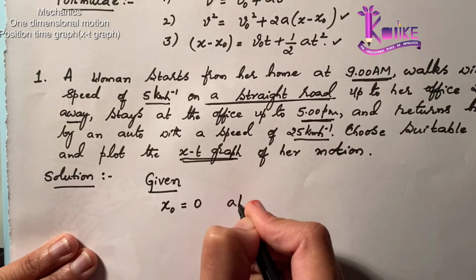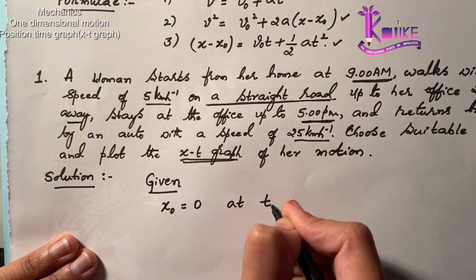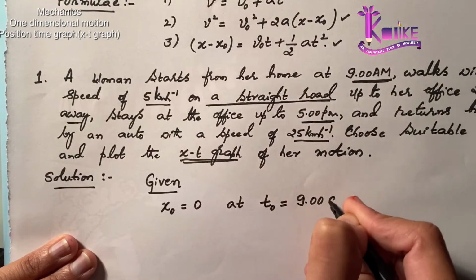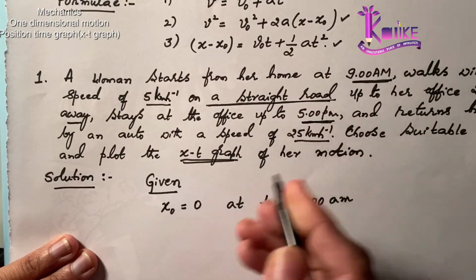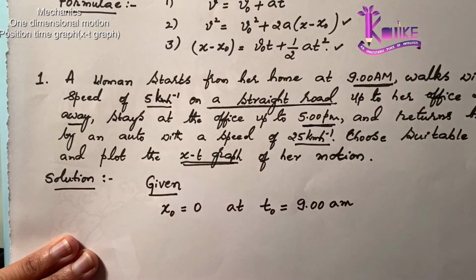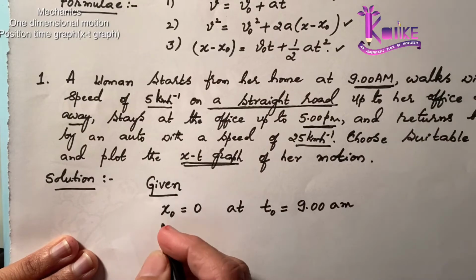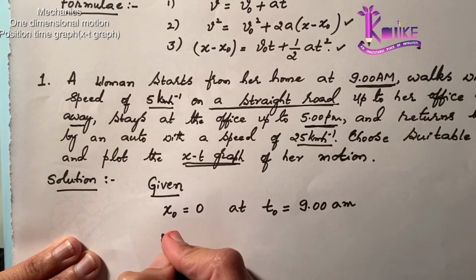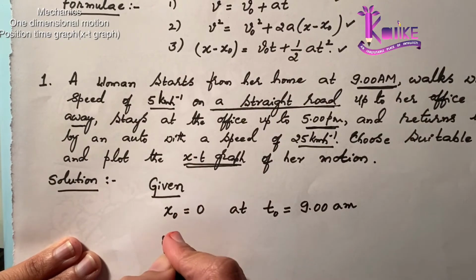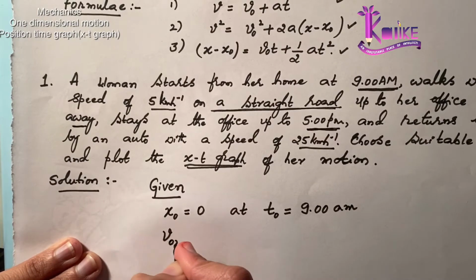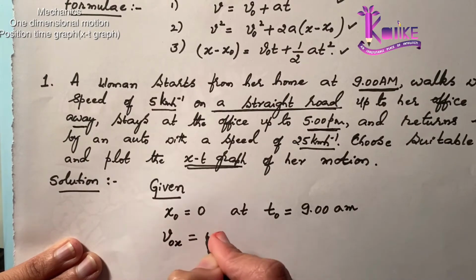When the time reads, let me call that initial time t0, which is 9 a.m. She walks with a speed of 5 kilometers per hour on a straight road. So this is a motion along a straight road. So let me take that dimension as the x dimension. So I can call that her initial velocity, v0x, which is 5 kilometer per hour.